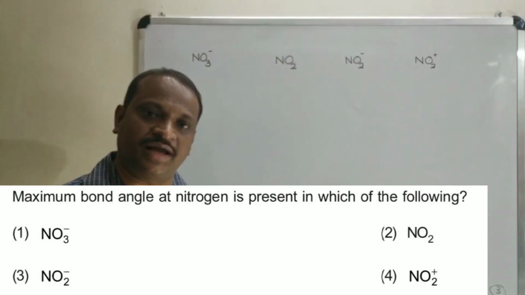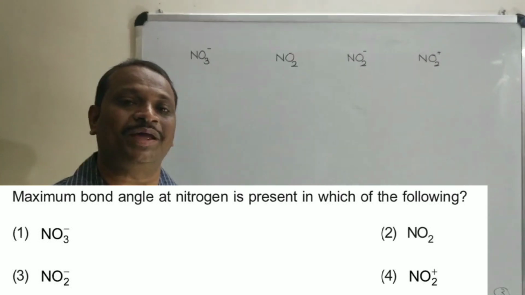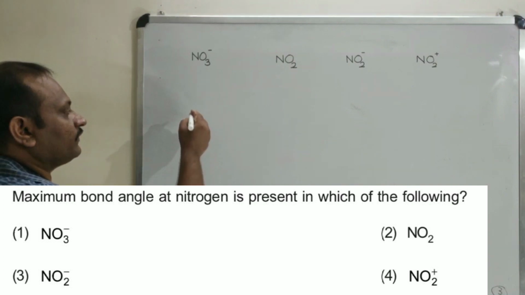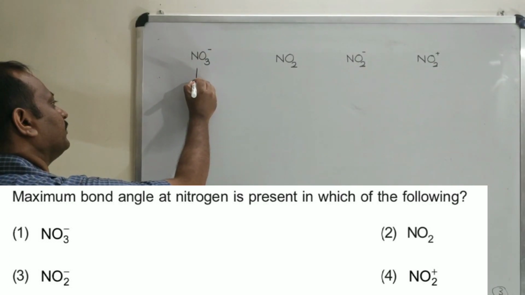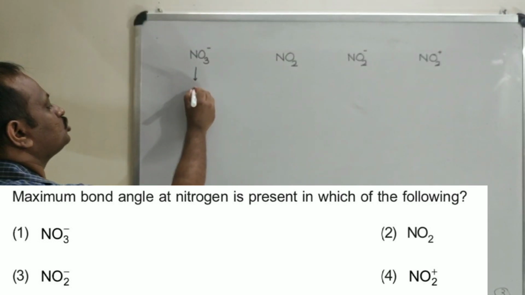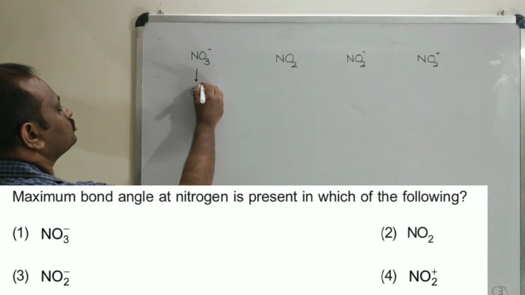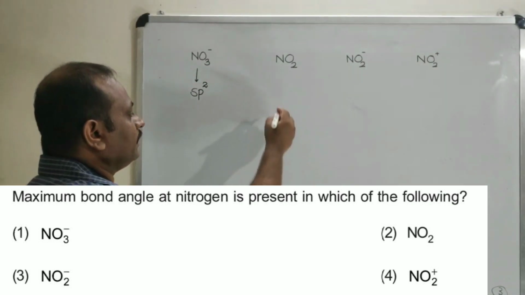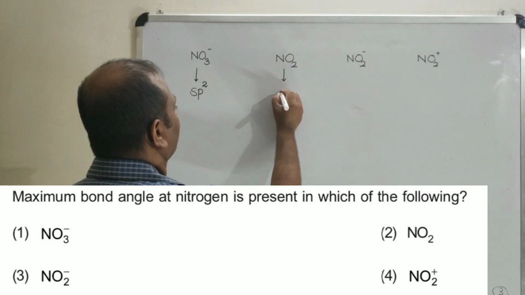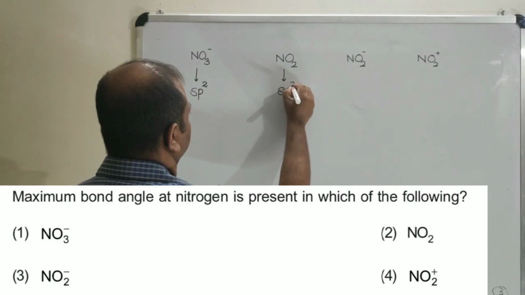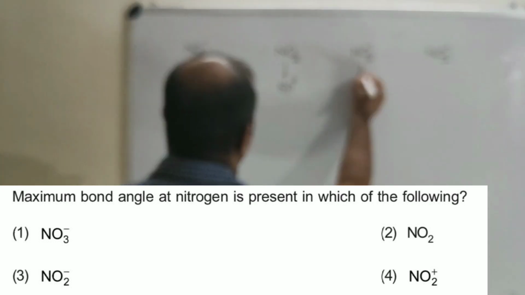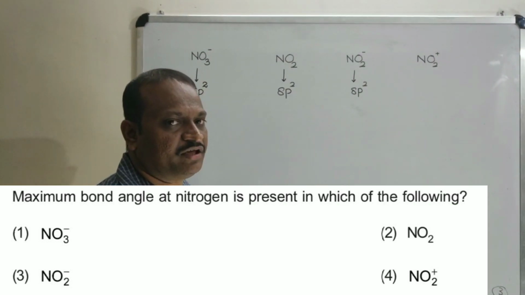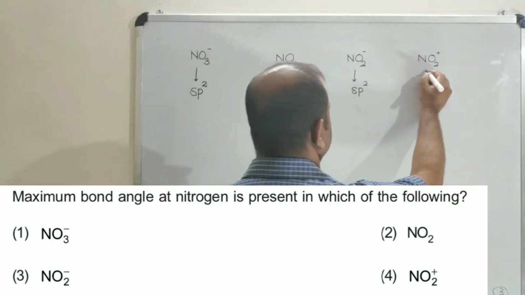You know the rule to predict hybridization, I have already discussed it. In NO3 minus, hybridization comes as sp2. Similarly, in NO2 also, hybridization is sp2, and in NO2 minus also, hybridization is sp2. In the last case, the hybridization comes as sp.